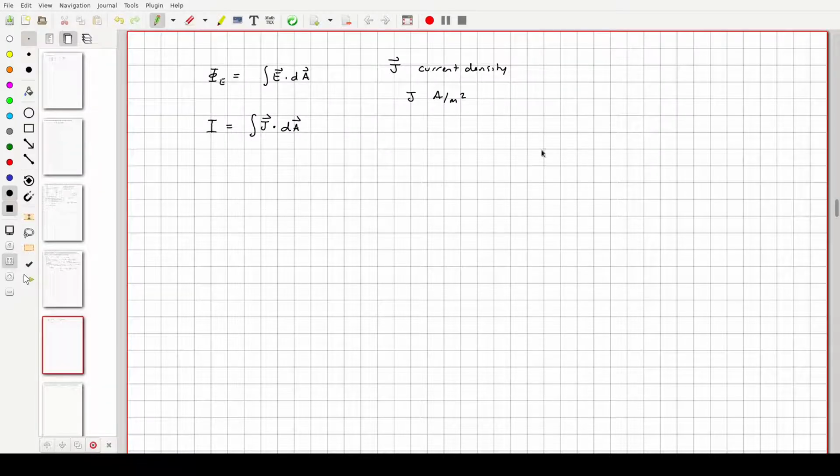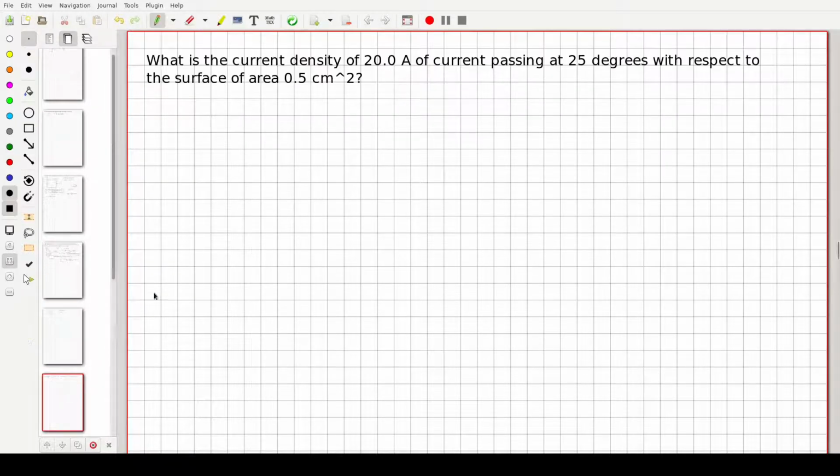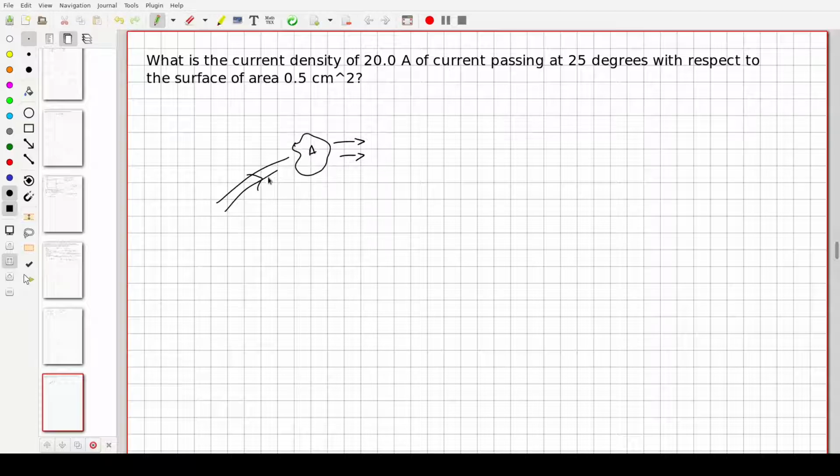So, let's do a simple example here. What's the current density of 20 amps of current passing at 25 degrees with respect to the surface of area 0.5 centimeters squared? So you can think of this as though it's electrical current that's flowing through some area. So you have your current density that's flowing through.